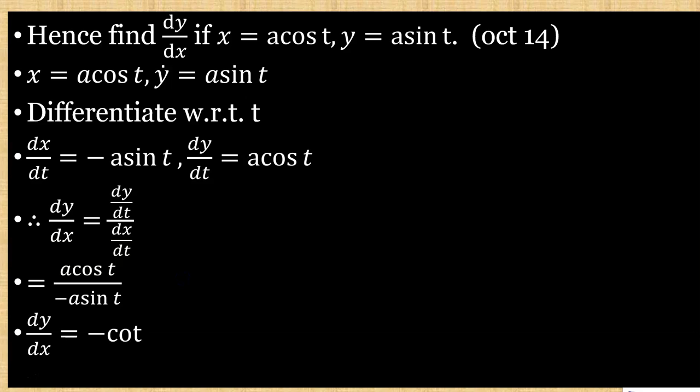Substitute the values, and hence overall a gets cancelled. You will get dy by dx is equal to minus cot t.